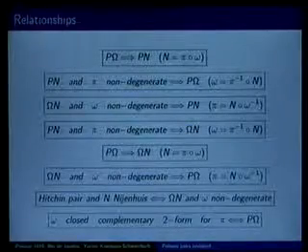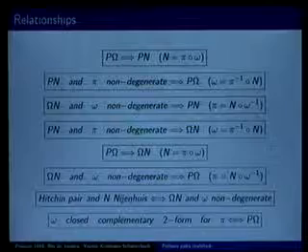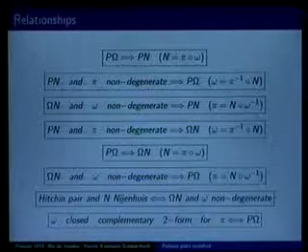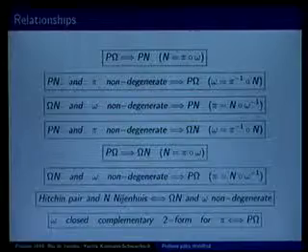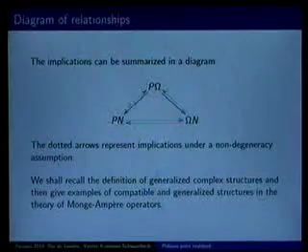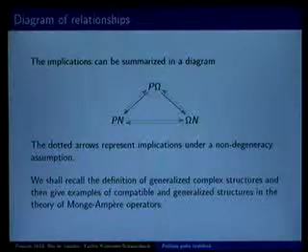And then the various theorems that I've been stating, or propositions, are summarized in this table, which tells you how P omega is related with PN, etc. And I can even summarize most of this in just a diagram that tells you what implies what, these are the solid arrows, and what implies that under some non-degeneracy condition.